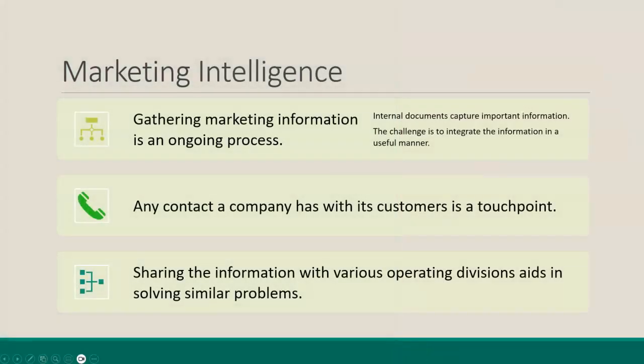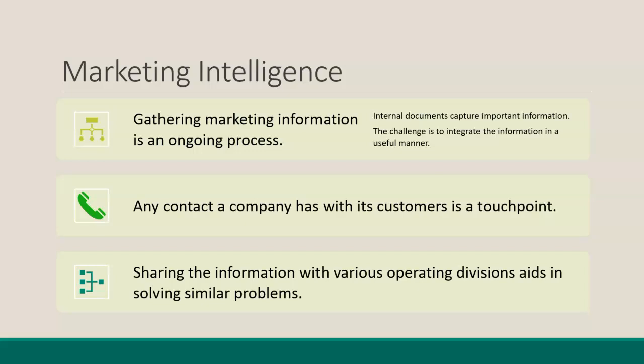Marketing intelligence. Gathering market information is an ongoing process. Internal documents can capture the important information. Internal documents means anything that you access within your organization, whether it's on the shared files or on the company's intranet. Those are the information that's considered internal.